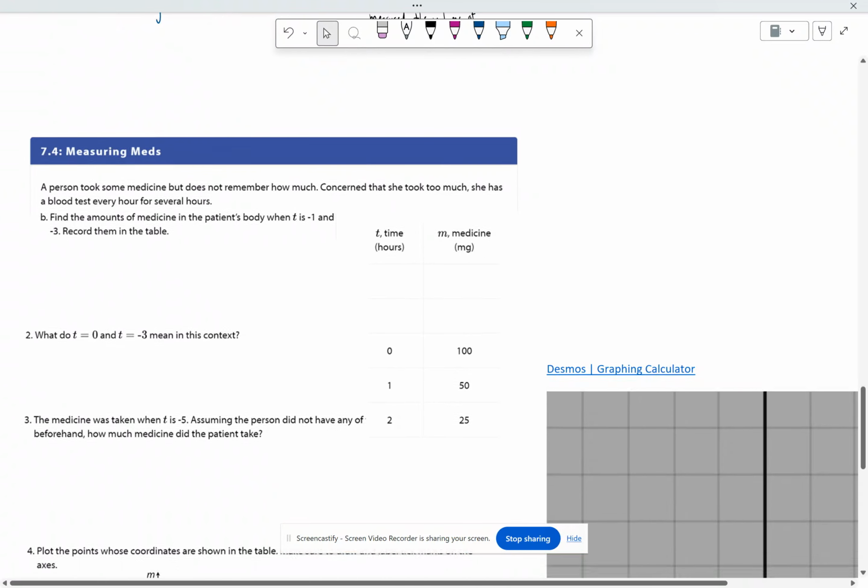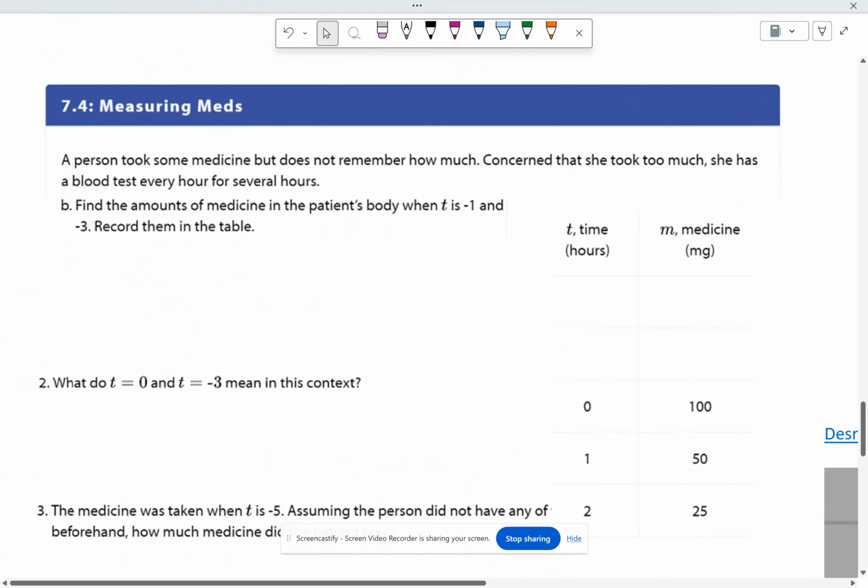Okay, so last example. So measuring meds, this is another example where we could see exponential growth, but also incorporating negative exponents. A person took some medicine, but does not remember how much. Concerned that she took too much, she has a blood test every hour for several hours.